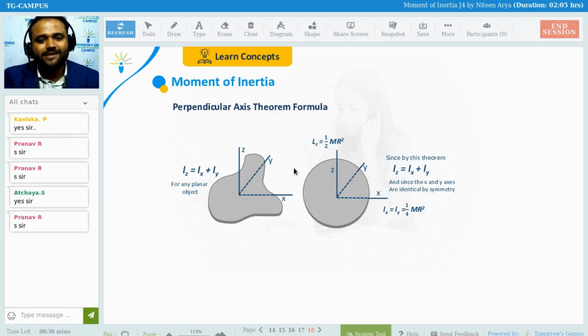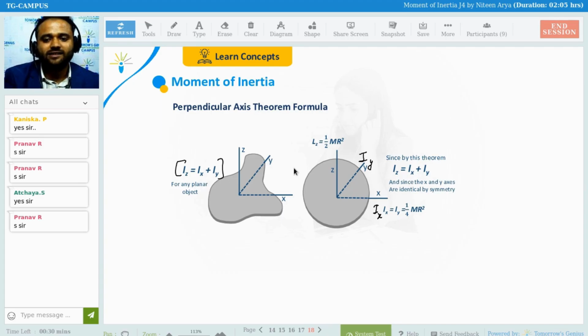Next is the perpendicular axis theorem. In the same way, if we know the moment of inertia around this axis Iy and around this axis Ix, we can find the moment of inertia Iz. So Iz is Ix plus Iy for any planar object.